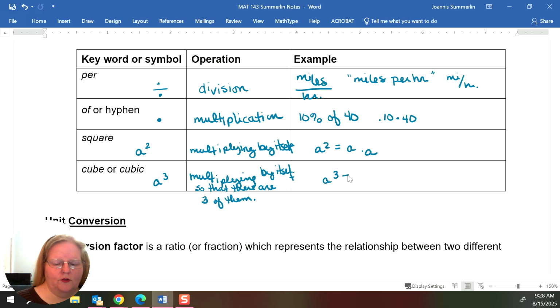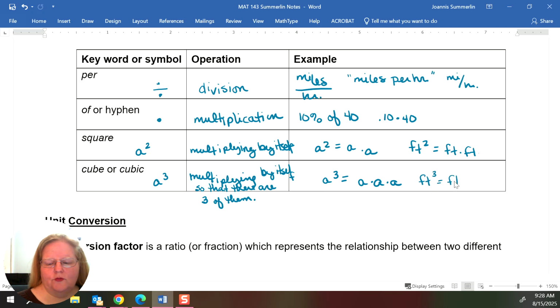So a cubed is equal to a times a times a. 3 a's. We could have feet squared, which is feet times feet. Or we could have feet cubed, which is feet times feet times feet.